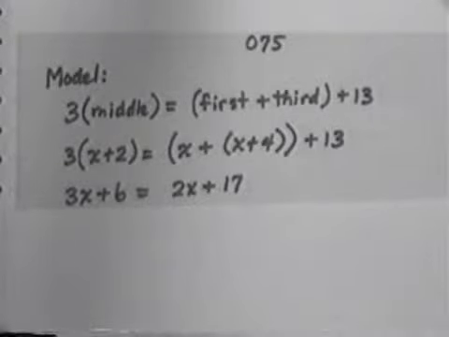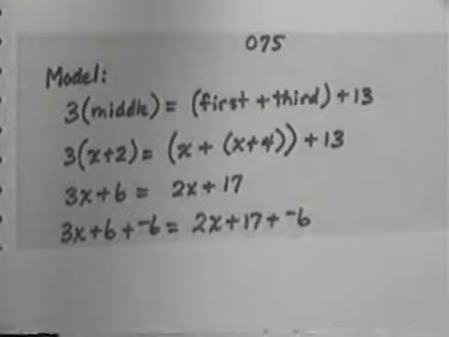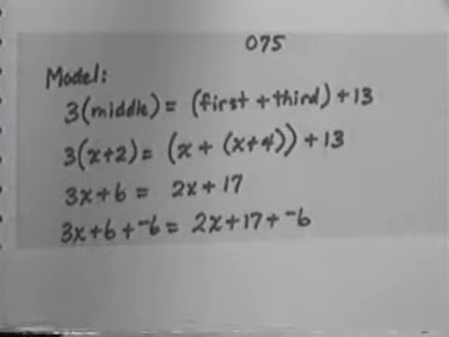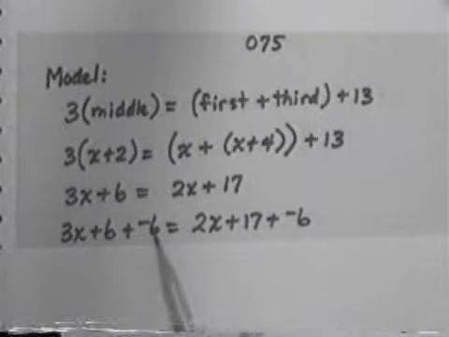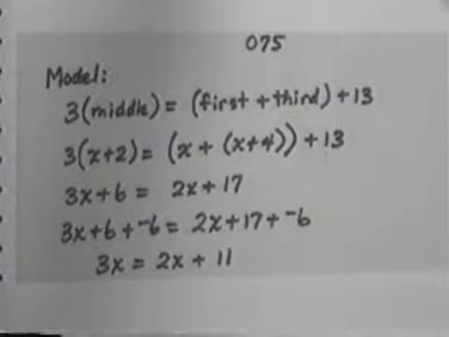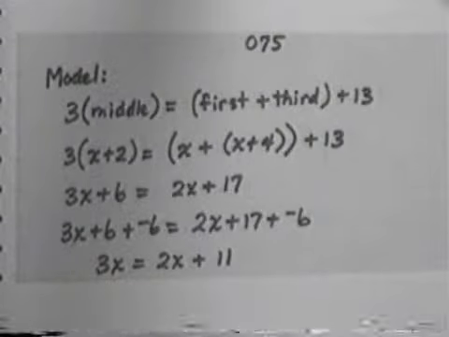Then we sort laundry. Eliminate the 6 by adding its opposite. We add negative 6 to both sides. 3x plus 6 plus negative 6 is equal to 2x plus 17 plus negative 6. The 6's on the left cancel, leaving us with 3x. We combine the 17 and negative 6 on the right so that we have 3x is equal to 2x plus 11.